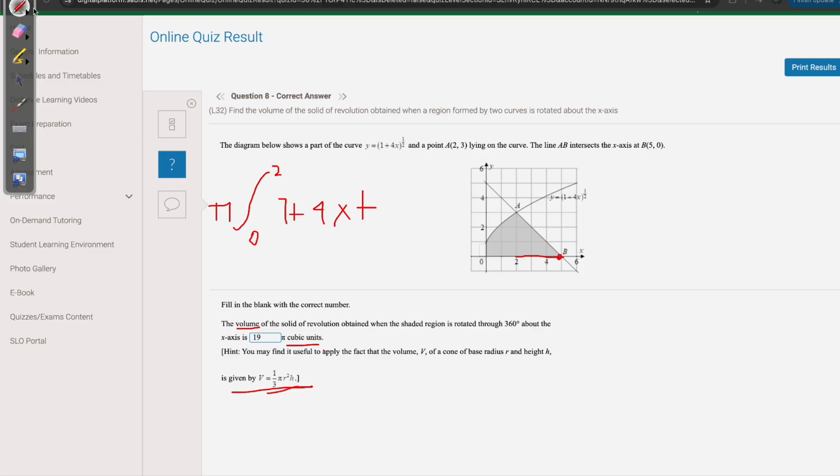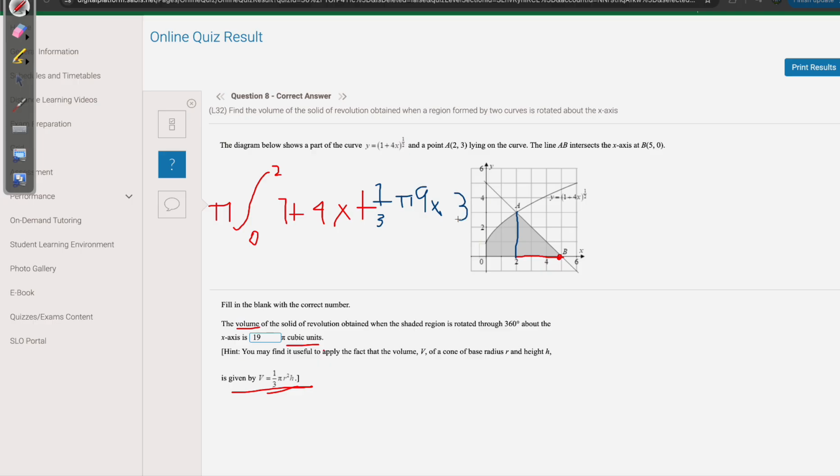Then the radius will be the vertical, so from 0 to 3. So what we're going to do is 1/3 pi times r, which is 3 squared, 9, times the height, which is 3.